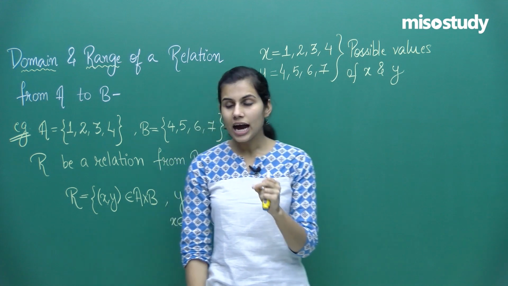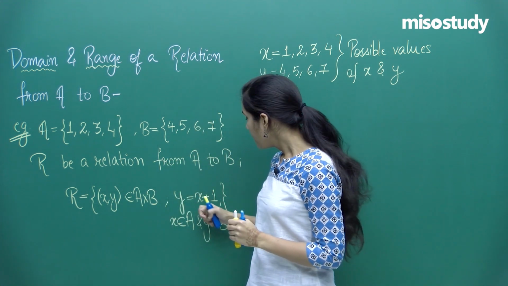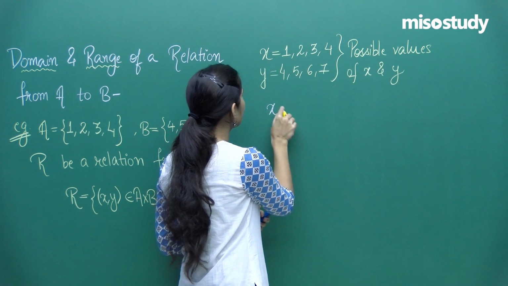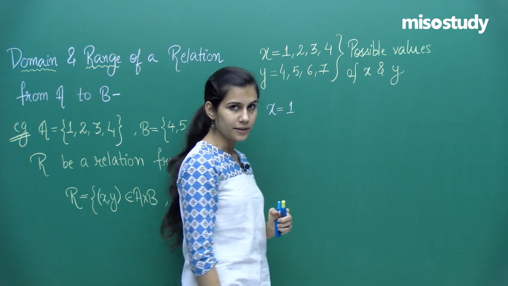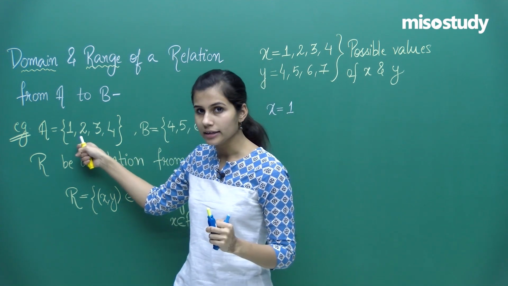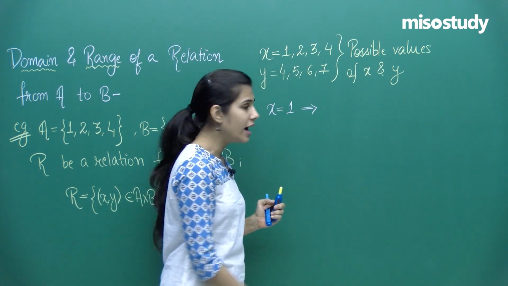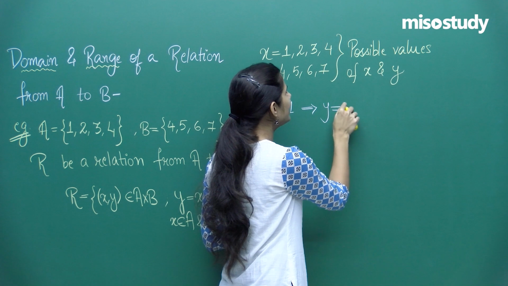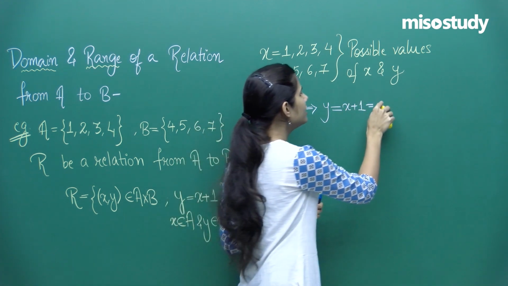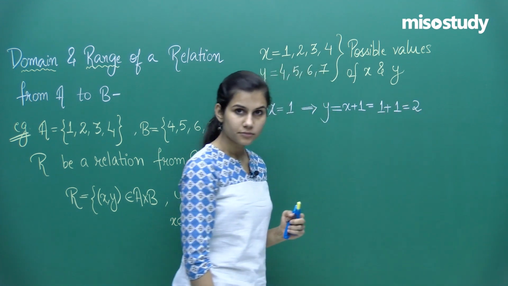Now is the time to understand what the rule says. Pick up all the X's. Now X over here, the first X is 1. The very first element of the first set A is 1, right? This implies if X is 1 and I put Y equal to X plus 1, this X is 1, so when I add 1 to 1, I get 2.